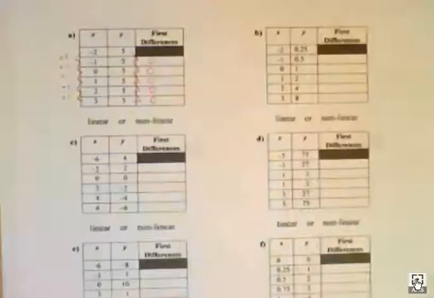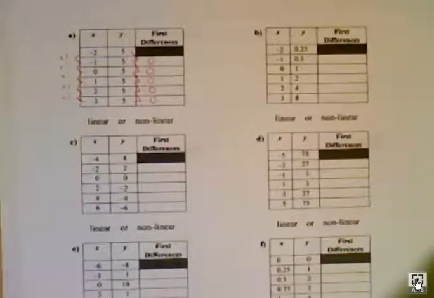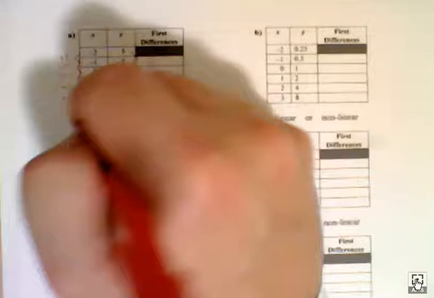So because those x values increase by a constant amount and the first differences are constant, equal to 0, I know this is a linear relationship. And more than that, I can find the slope. Now I'll show you how we do that.